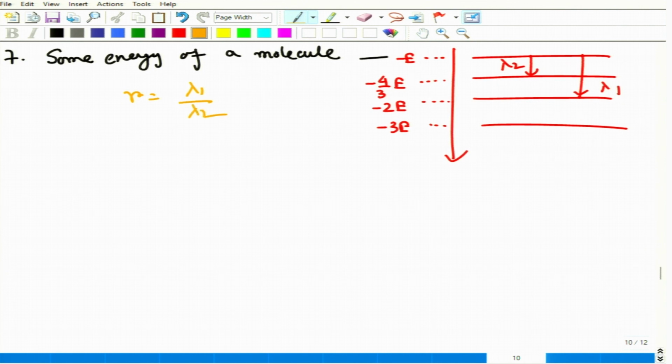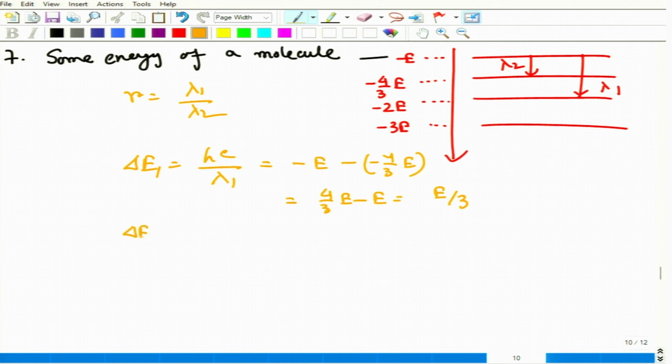Okay. So what will be that? What is the lambda 1? Lambda 1 is related to the energy gap. How? That del E is, we know, hc by lambda. So del E1 should be hc by lambda 1. What is the energy gap? That is minus E minus of minus 4 by 3 E. So it's actually 4 by 3 E minus E. Eventually it's E by 3.